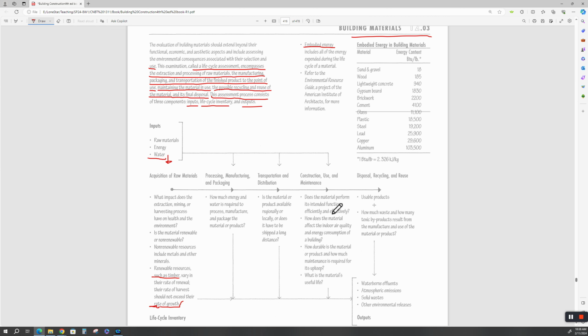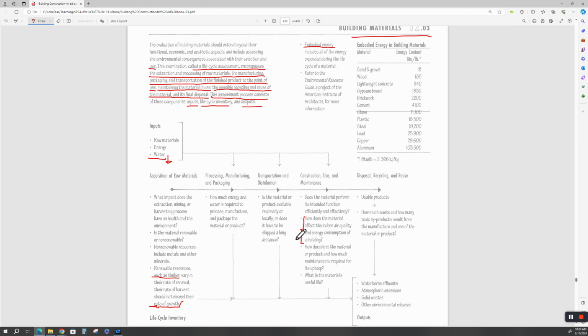Construction, use, and maintenance. Does the material perform its intended function efficiently and effectively? How does the material affect the indoor air quality and energy consumption of a building? Now we're talking about outgassing. We talked about that when we're gluing in carpet, like in a commercial building, as that adhesive in that new carpet outgasses its smell, the new smell.